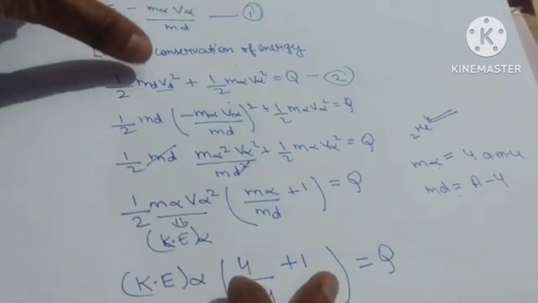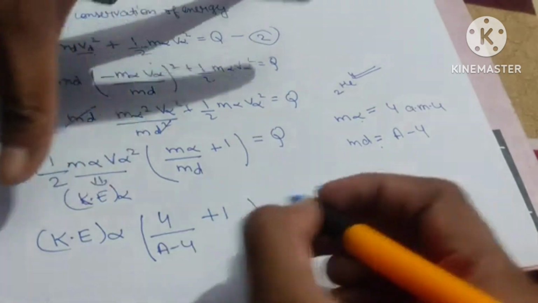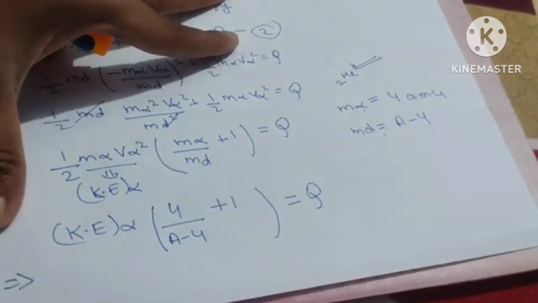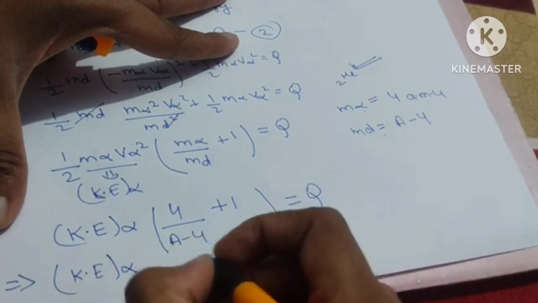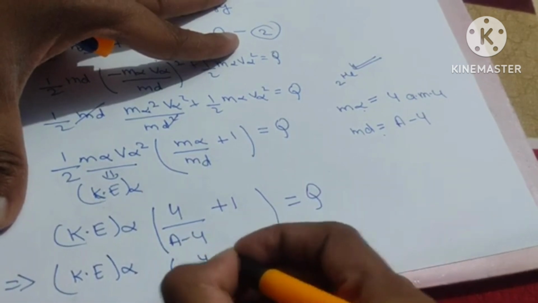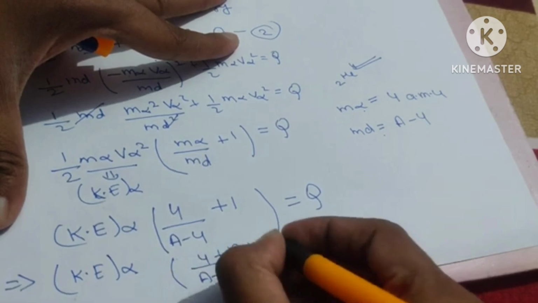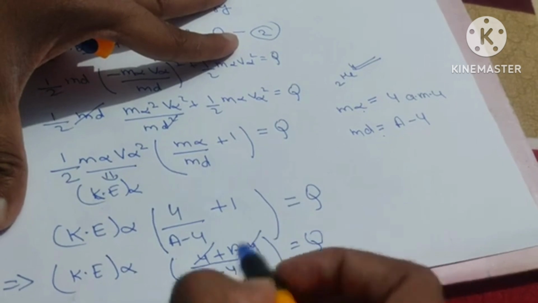Now simplify. Ke, the kinetic energy of alpha, times A by A minus 4 equal to Q. Here the 4 will get cancelled.